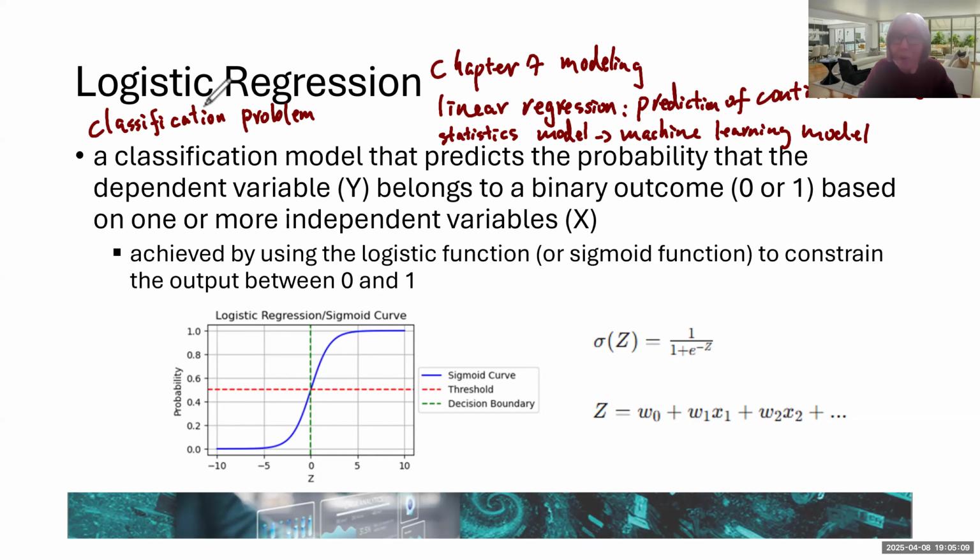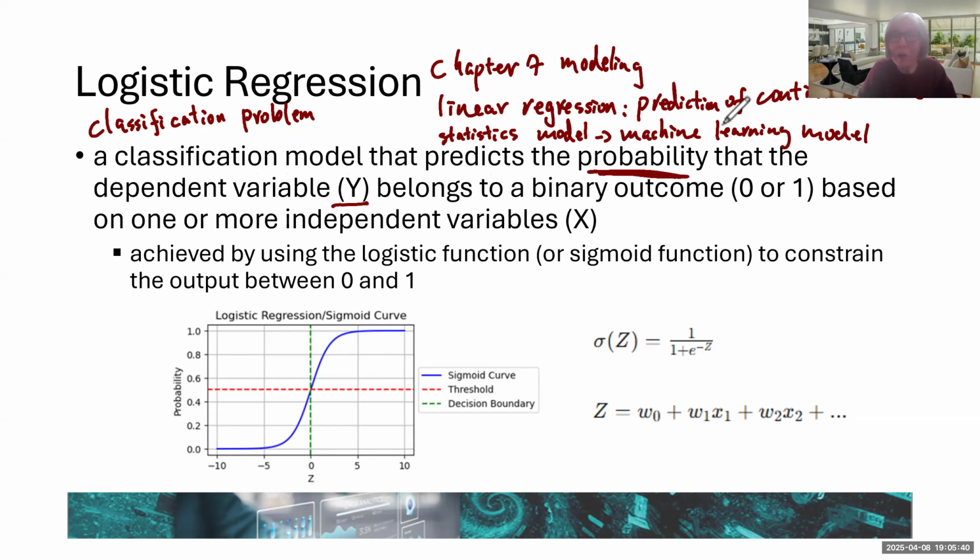And for logistic regression, the classification it's not just a predict, it's this object or it is not, or it is this category of object or not. It's to predict. So here the highlight is the probability. Okay, that the dependent variable y. So in statistics, we call it dependent variable.